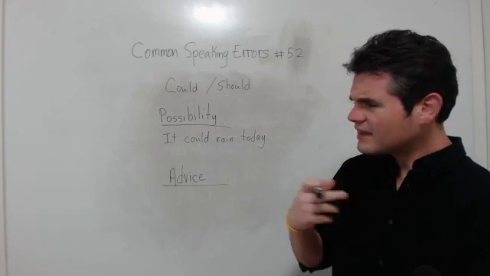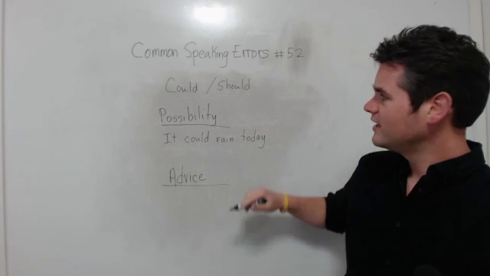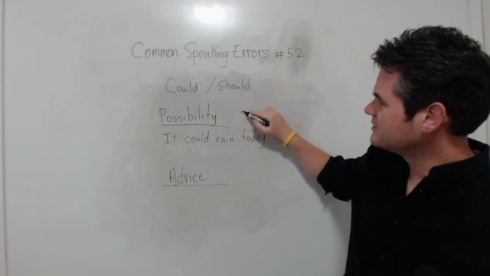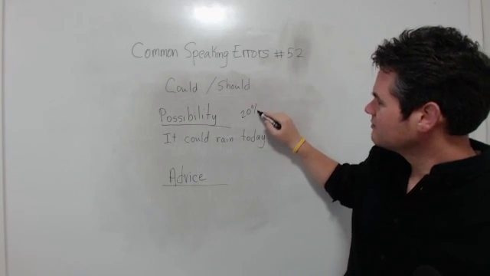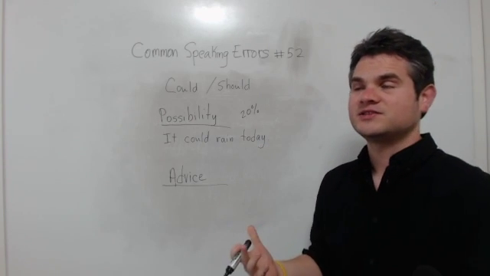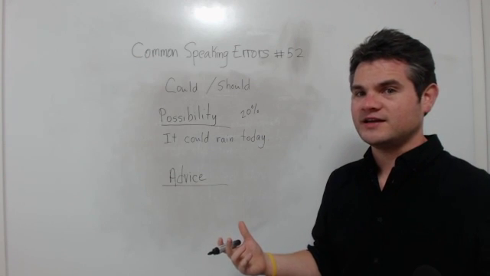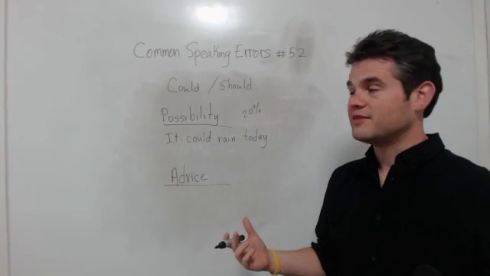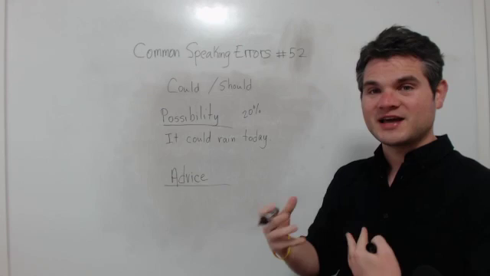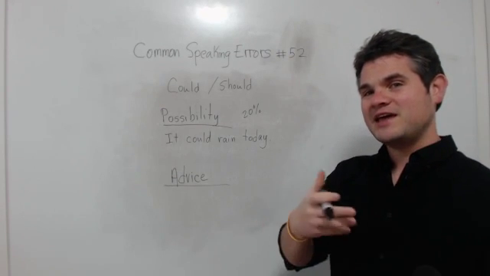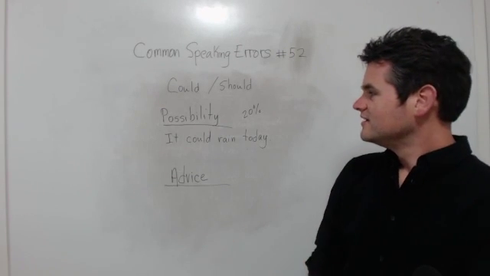That would be if you check the weather report and the weather report says there's a 20% chance of rain. So there is a 20% chance that it could rain today. So that's when we would use could. It's kind of a maybe, maybe not.